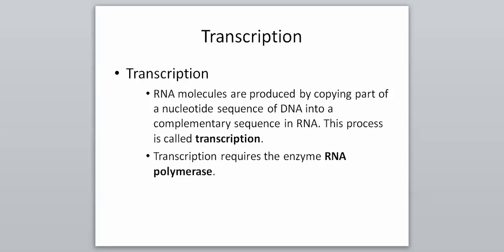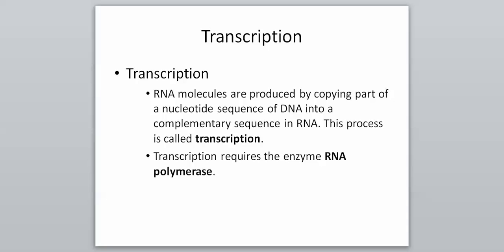That's just saying taking part of the building blocks of DNA and making it into a complementary sequence in RNA. This process is called transcription. All that means is that it's taking a part of DNA to make RNA.